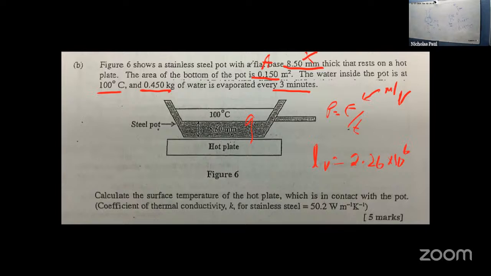Of course, find the power first. Remember the question is asking for the temperature of the hot plate, right? So you will need to get your temperature change first.